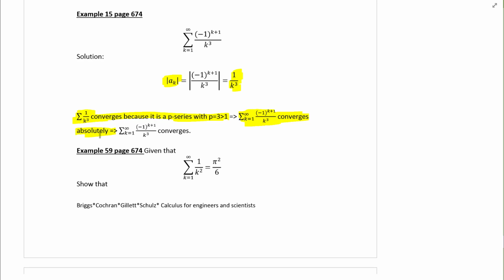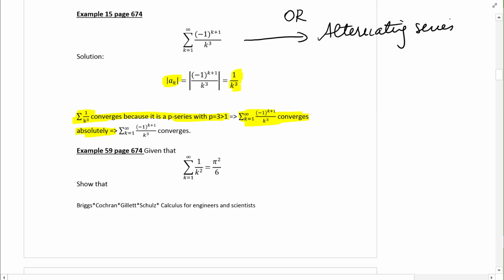But if I actually wanted to use the alternating series test for this specific problem, which is our lesson, right? I can say that the terms in magnitude are 1, 1 over 8, 1 over 27, and so on.